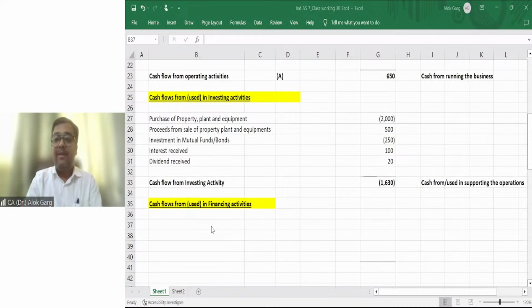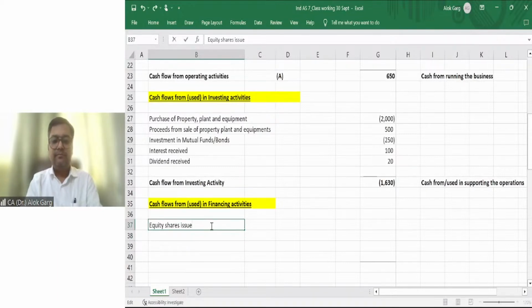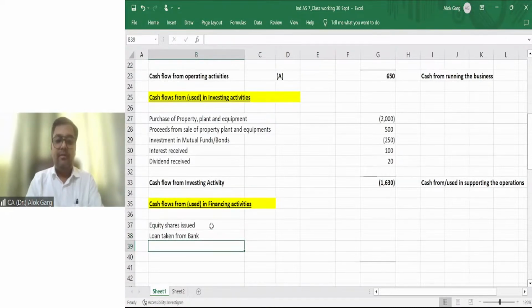So, cash flow from or used in financing activity. What does it mean? Financing activity is related to your capital structure. For example, equity share issued, issue of share capital, loan taken from bank, dividend paid on the shares, interest paid on the loan, right?